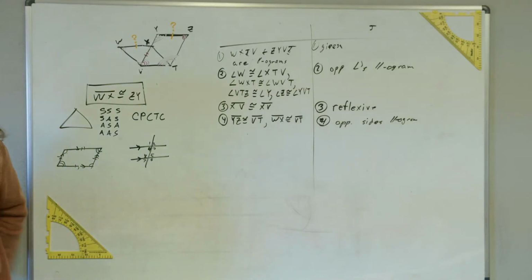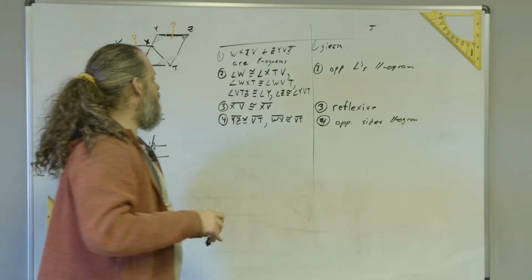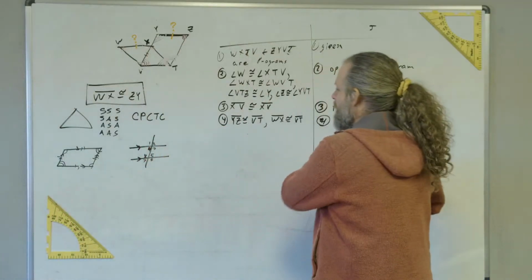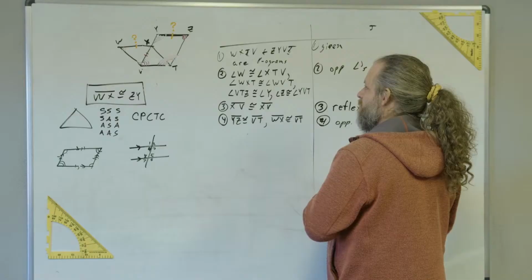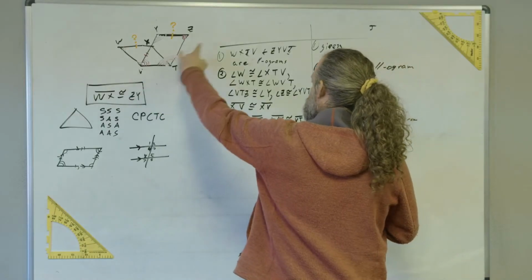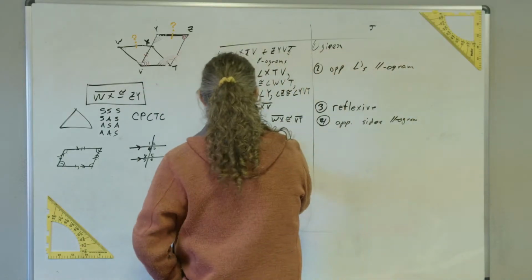We can, yeah. I was thinking that you might. We can go ahead and say that right now. May as well. That WX is congruent to YZ because of the transitive property.